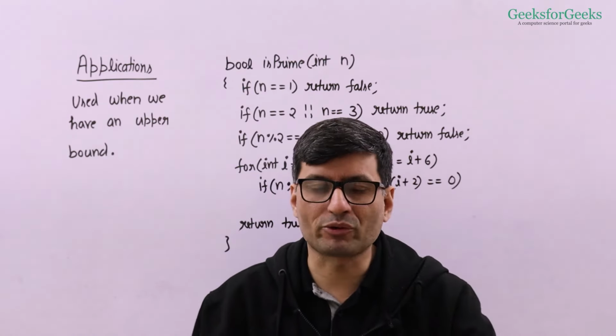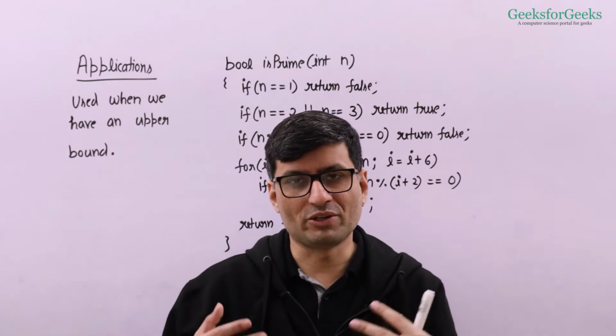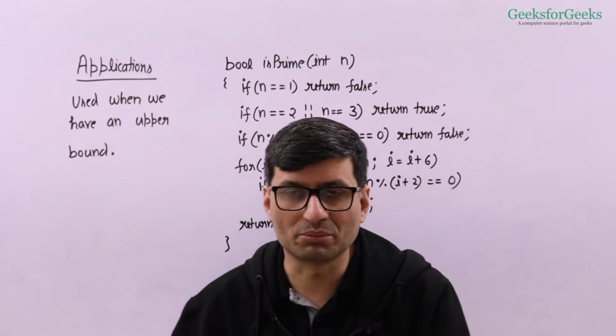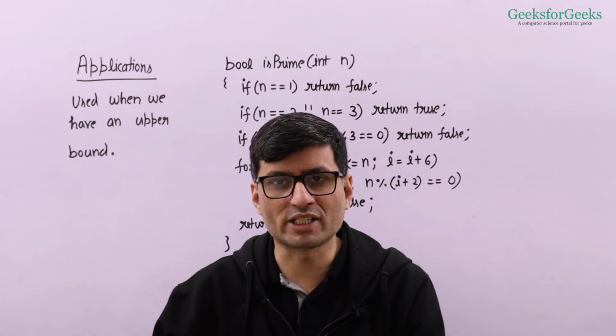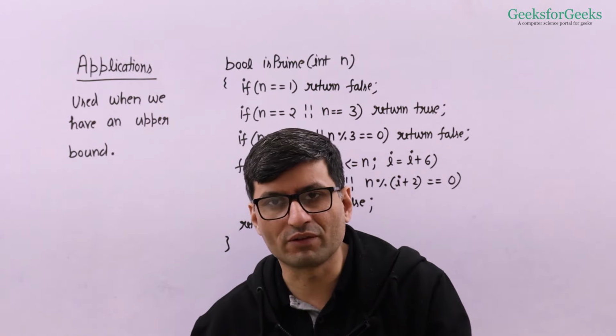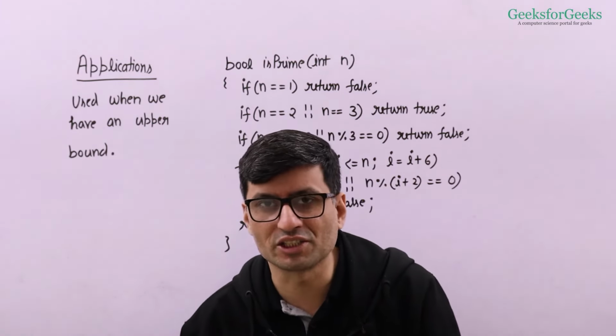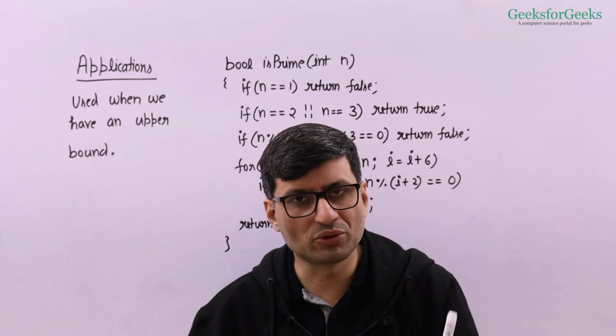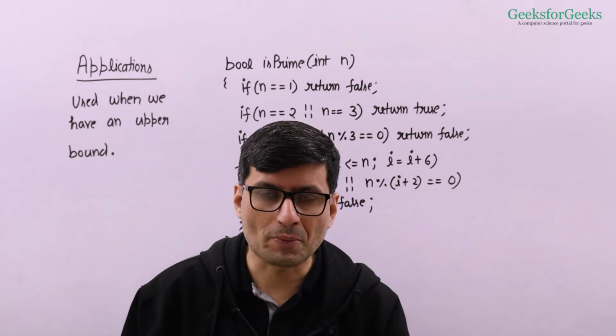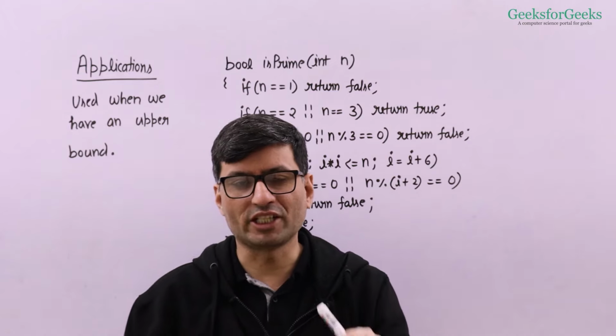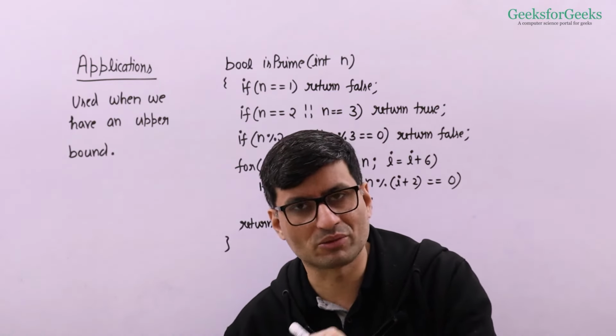But many times you have complex logic, right? When you are implementing algorithms or writing some business logic, you have complex inputs which have many if-else conditions, many termination conditions. In those cases, you try to figure out the innermost statement, the statement which is being executed the maximum number of times.